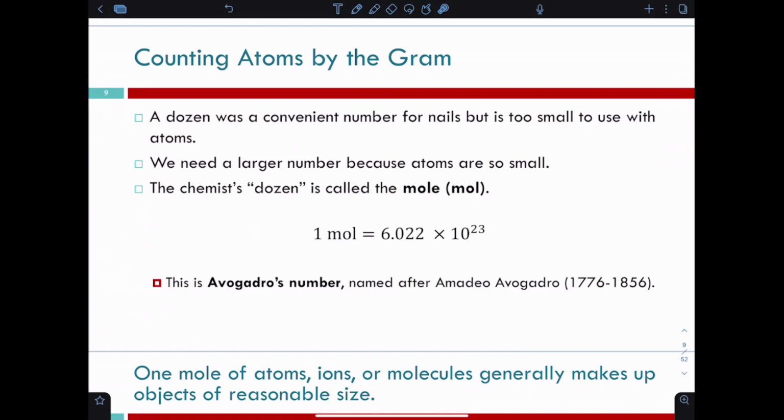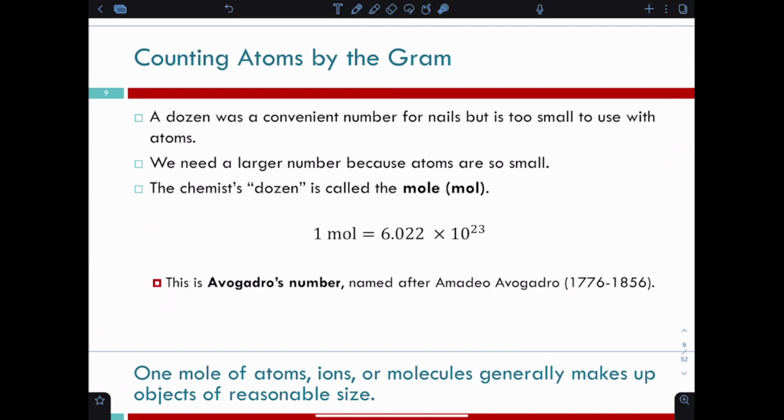So because atoms are so small, we have this other number, and we call it a mole. M-O-L-E. Yes, just like the little creature that digs around in the ground, of no relation. So you can think of this as the chemist's dozen. And that's mostly said here to highlight the fact that a dozen means 12.